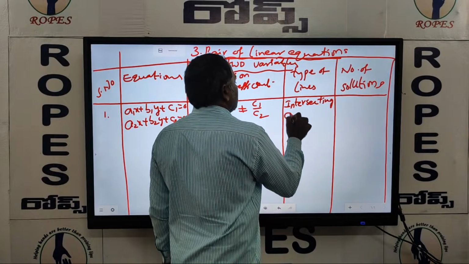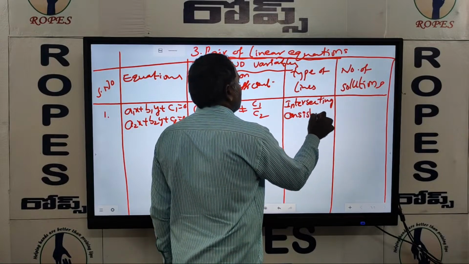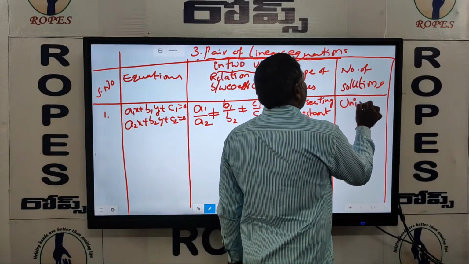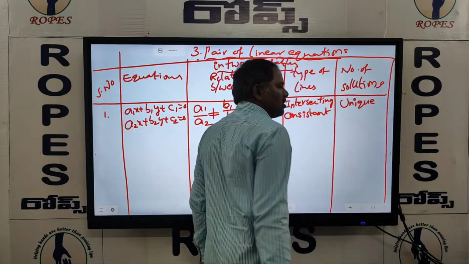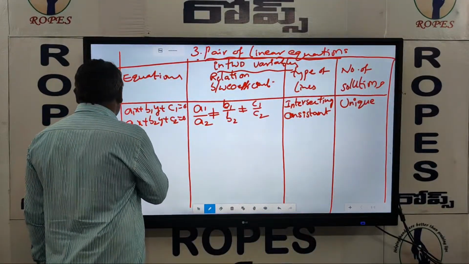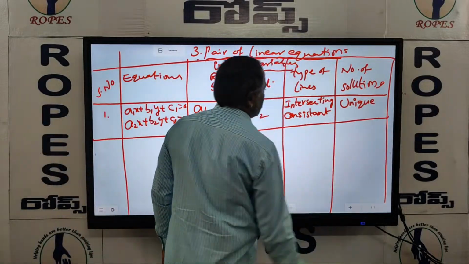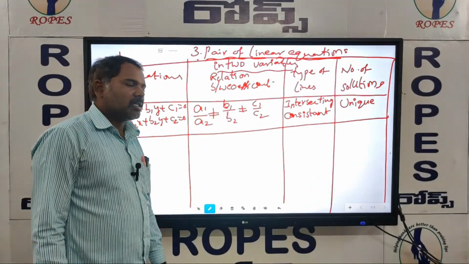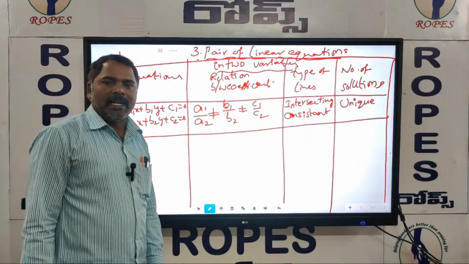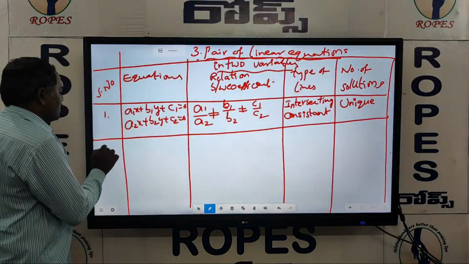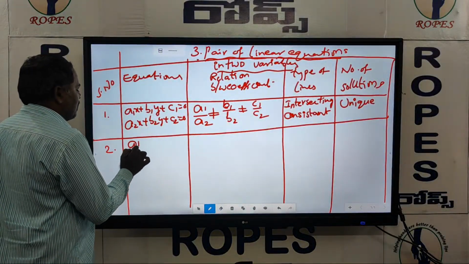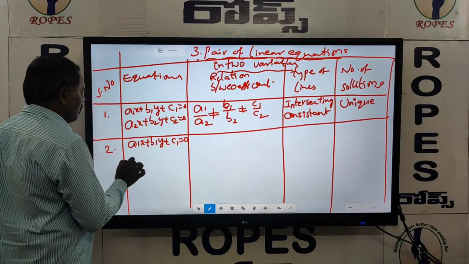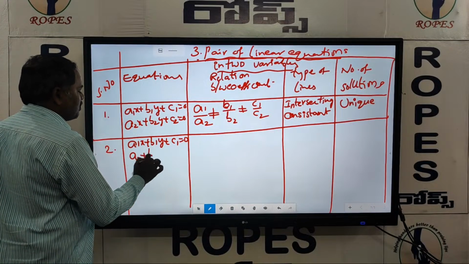They are consistent lines. The number of solutions is a unique solution or single solution. So when a1 by a2 is not equal to b1 by b2, then the lines are intersecting lines.